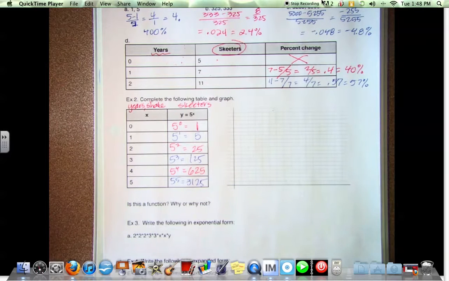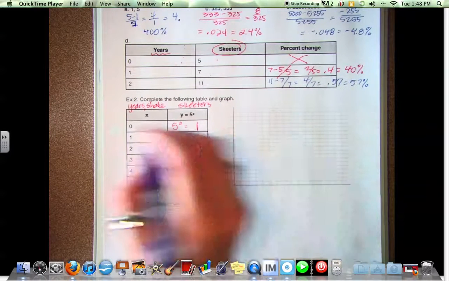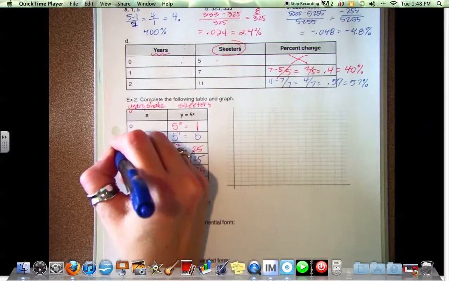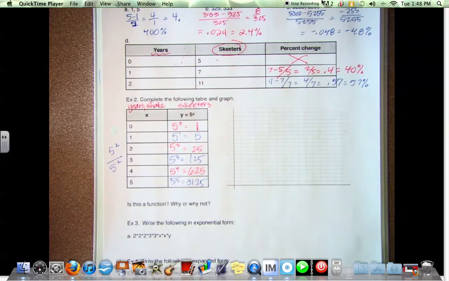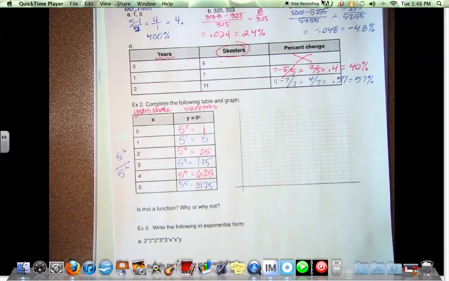I could tell you, 5 squared over 5 squared, which is 25 over 25. If we simplify this, what value does it give us? 1.